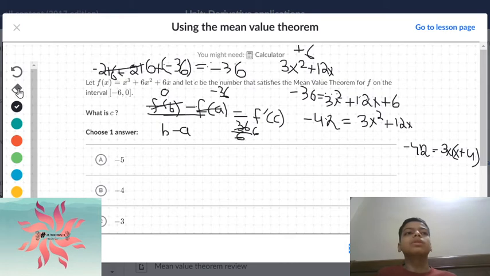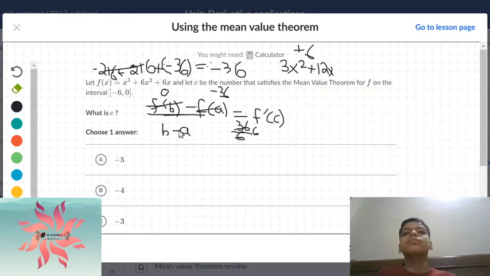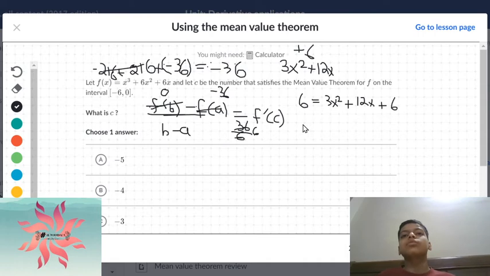Not negative 36, it will be 6. 6 is equal to 3x squared plus 12x plus 6, minus 6 on both sides. This 0 is equal to 3x squared plus 12x.